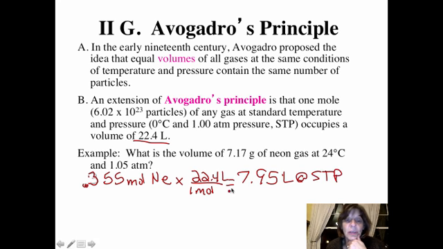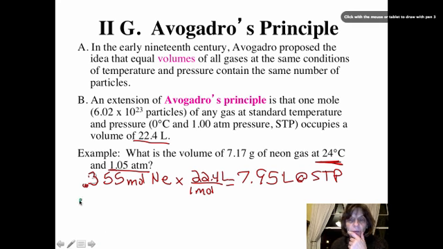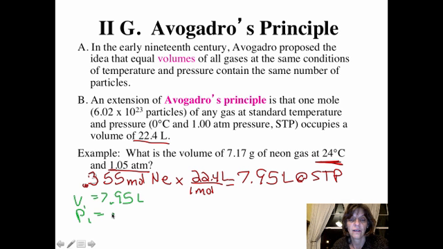Okay, but that's not what the question asks. The question asks for something at 24 degrees and 1.05 atmospheres. So let me summarize. We know that we have a volume of 7.95 liters at a pressure of 1 atmosphere and a temperature at 273 Kelvin.